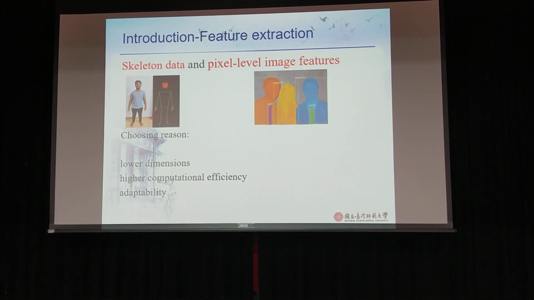And the method we choose for the feature extraction is the human pose estimation algorithm. This is because compared to pixel level image features, skeleton features typically have lower dimensions, leading to higher computational efficiency. It accelerates both feature extraction and subsequent classification processing.